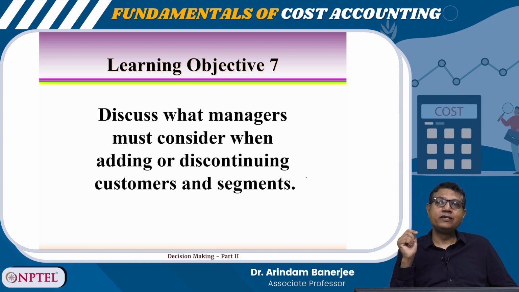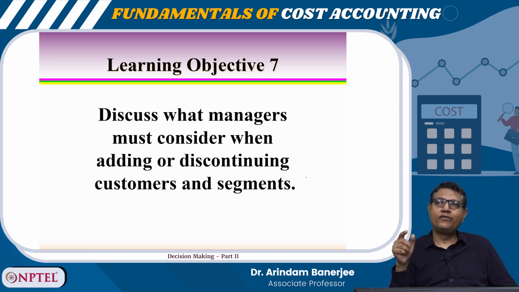So, second condition is also fulfilled, right? When I consider whether to accept this offer or not, what is my relevant cost? The relevant cost is not rupees 10, the relevant cost is rupees 6, right? And what is the price it is offering?